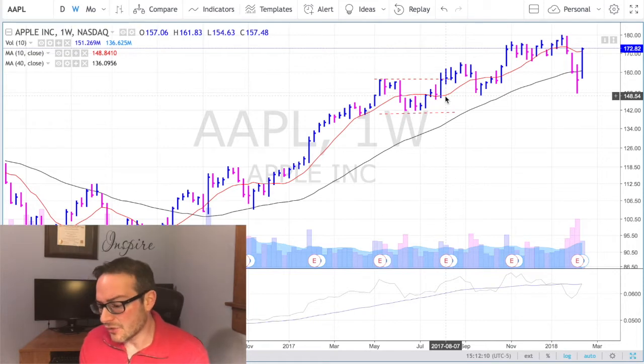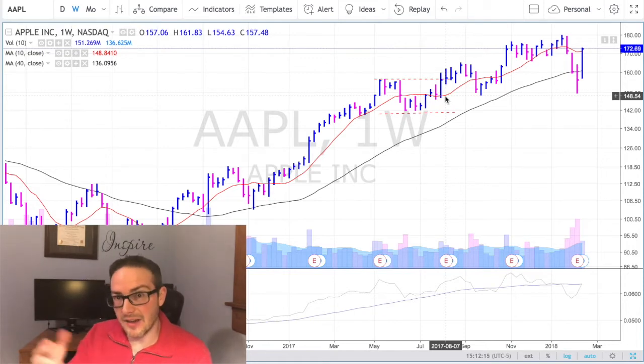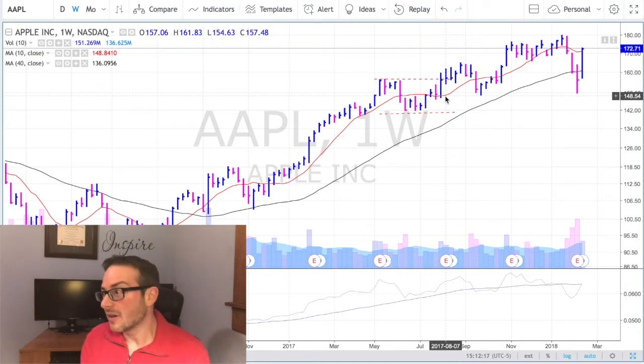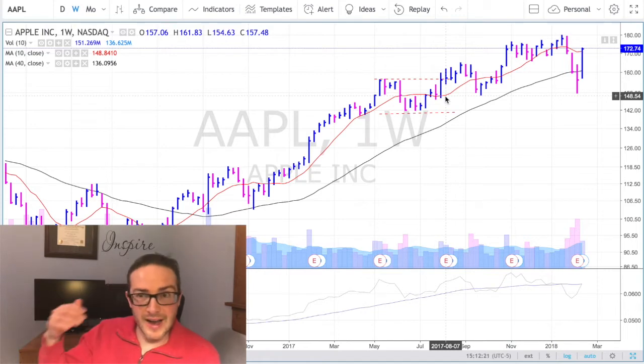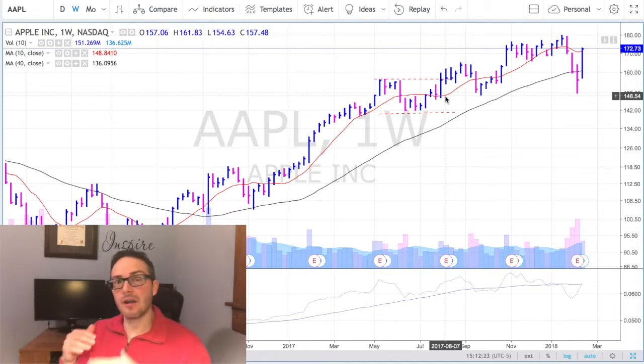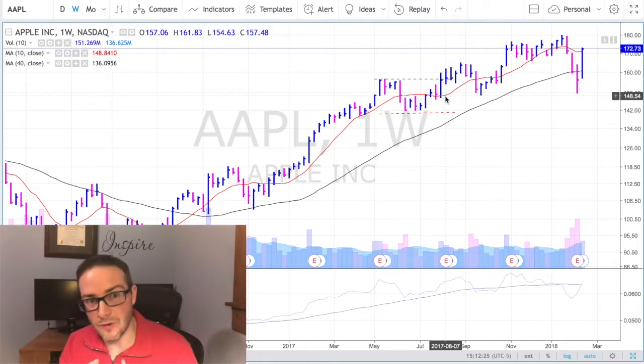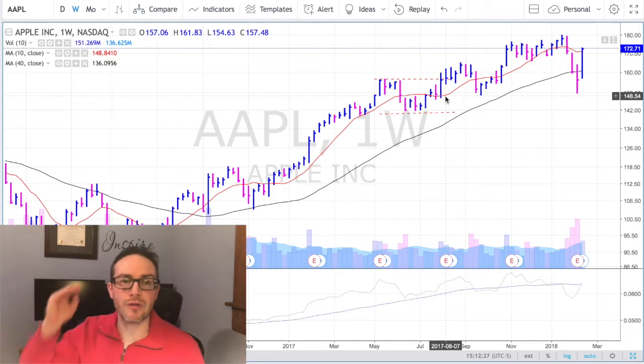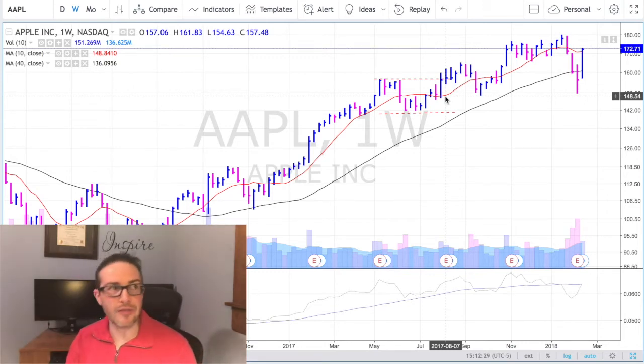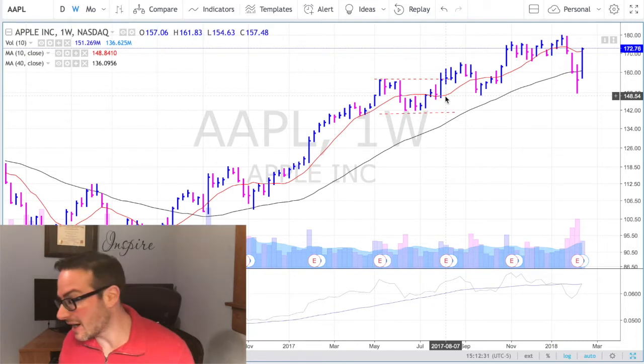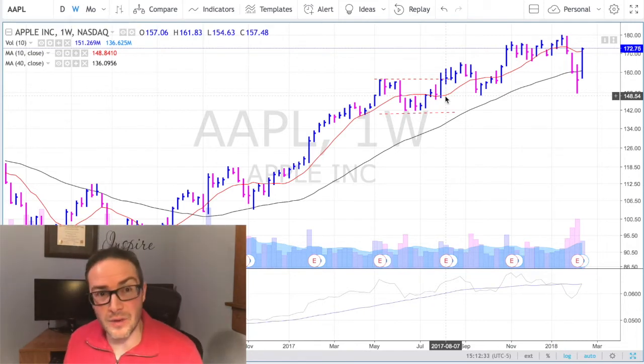The more time that a stock is consolidating in a zone, typically the better, because when it finally does break out of that zone, you have a very solid floor established. And if it does roll over and starts to break down, then you know that the trend is indeed rolling over, and there's a lot fewer questions around that.